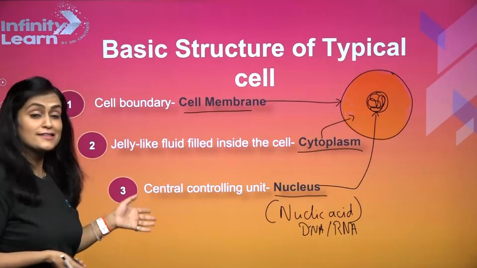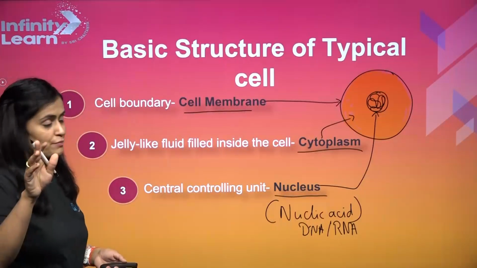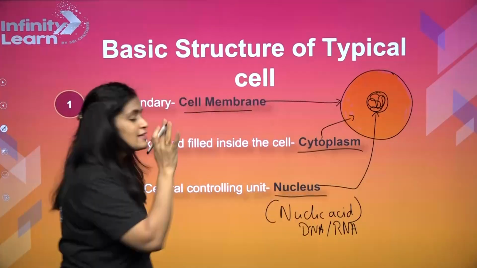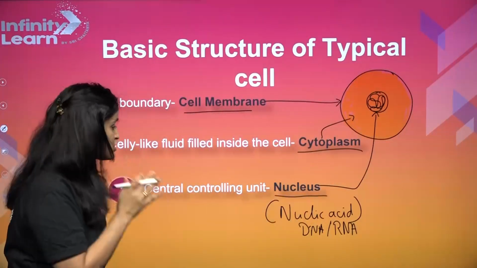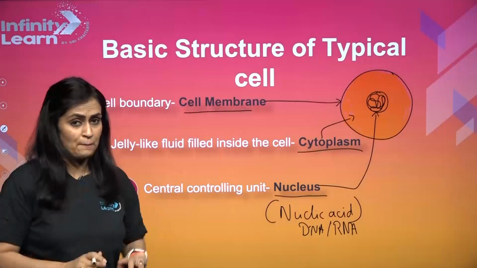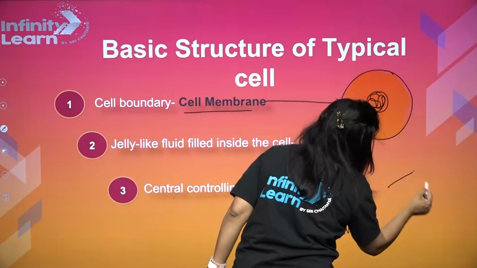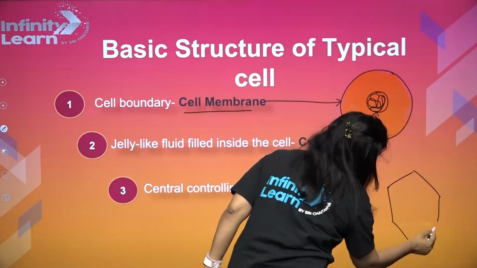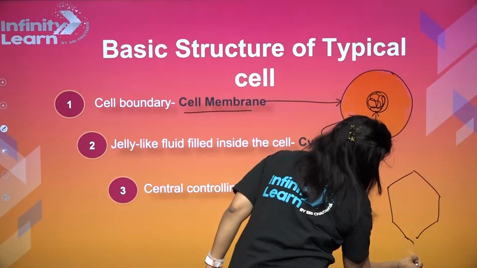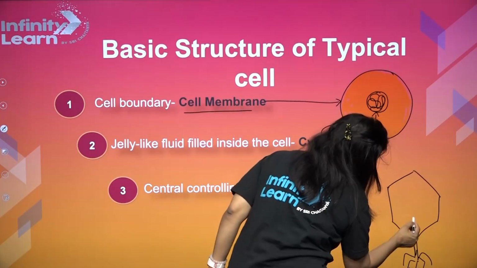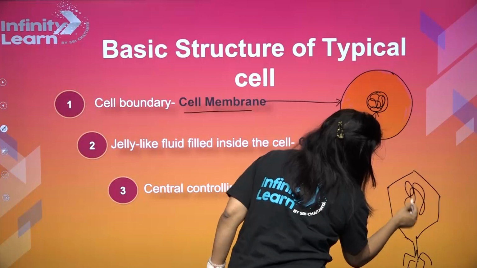Okay. So you don't see this thing into the viruses, by the way. In the viruses, you do not have cytoplasm, you do not have cell membrane over there. Yes, the genetic material DNA or RNA might be present, but all of that is held inside a coat protein. Okay, it is held inside a coat protein. So they have this coat proteins and inside there you have the nucleic acid.